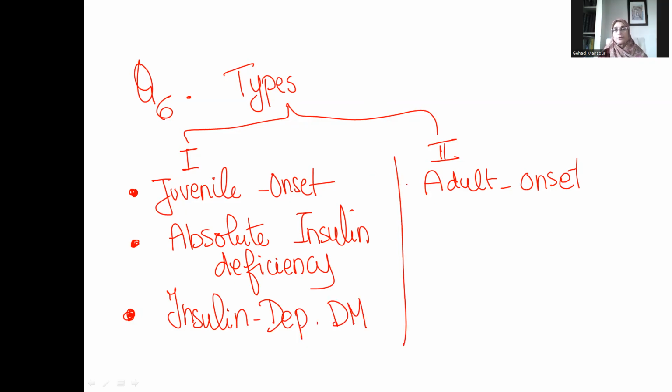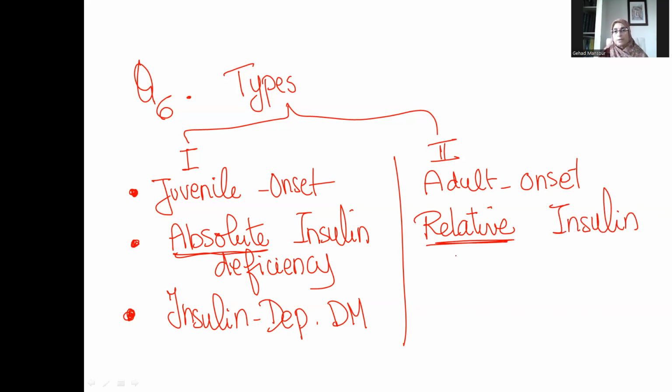But in adult onset diabetes, the patient still produces some insulin, but that is not sufficient for the needs. So there is insulin deficiency, but it is not absolute insulin deficiency. It is relative insulin deficiency, meaning that there is some insulin that is produced by the pancreas, or sometimes even large amounts of insulin that are secreted by the pancreas, but that cannot cope with the needs of the body for a reason or another.